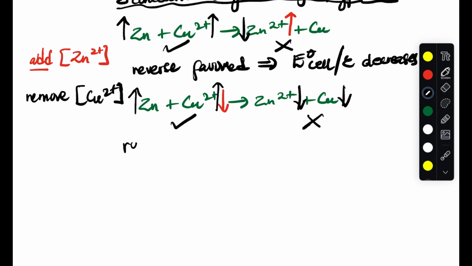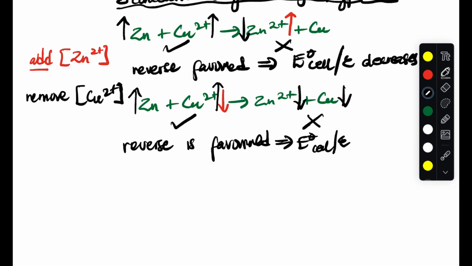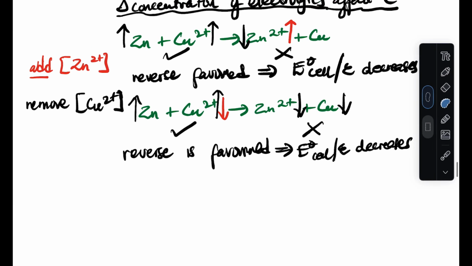So if reverse is favored, again, the E cell and the EMF will decrease. When is the forward favored? The forward is favored when the system responds by increasing the product, right? In whatever change that is happening here, let me do it for the last time.